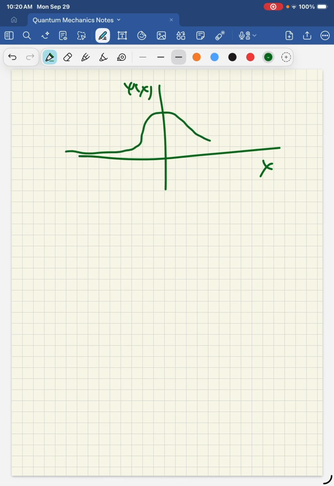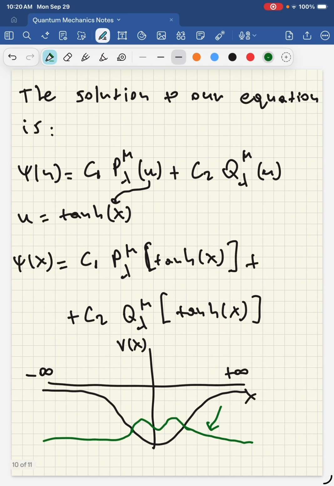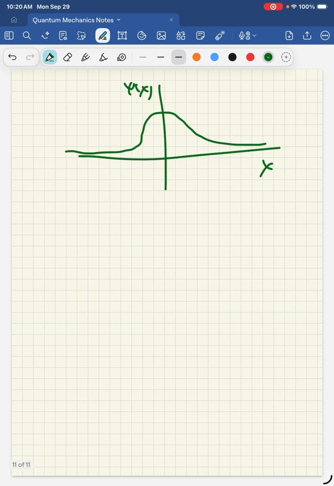I'm showing it inside the potential. It should go to 0, like there should be a 0 probability to find the particle at plus or minus infinity. But this solution, the Q lambda mu solution, goes to infinity as x goes to infinity. So we have to discard that solution.